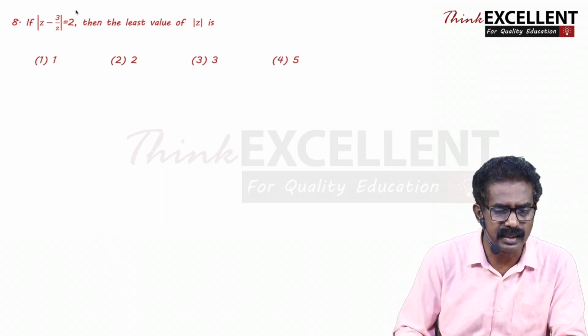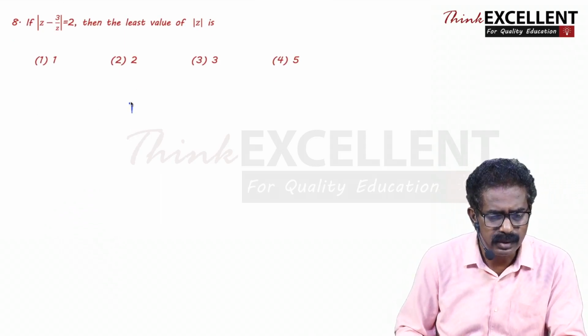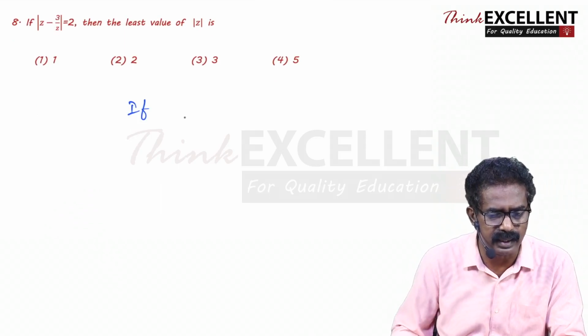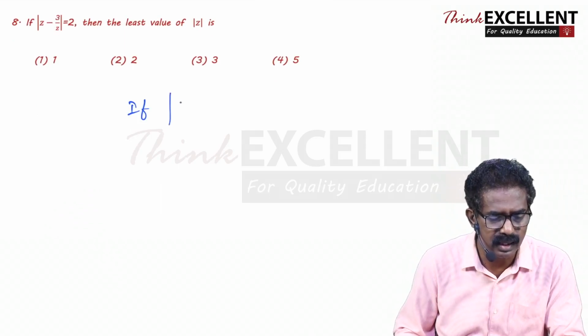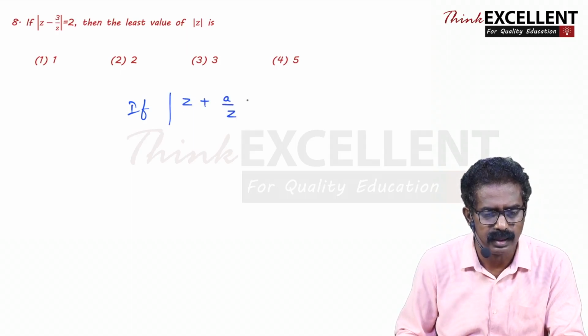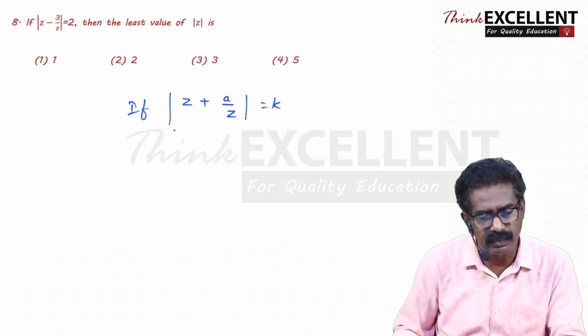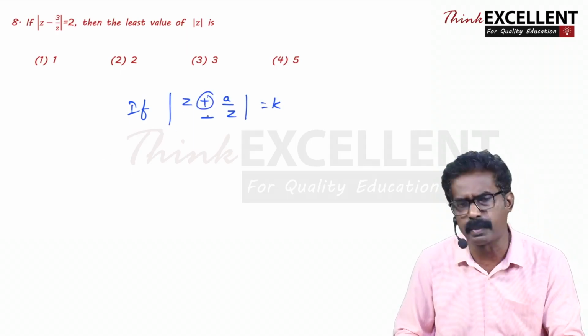Listen, I'll give the general result. Suppose, look at this form, z plus 3 by z, right? Suppose modulus of z plus a by z equal to k, then whether it is plus or minus, no problem.